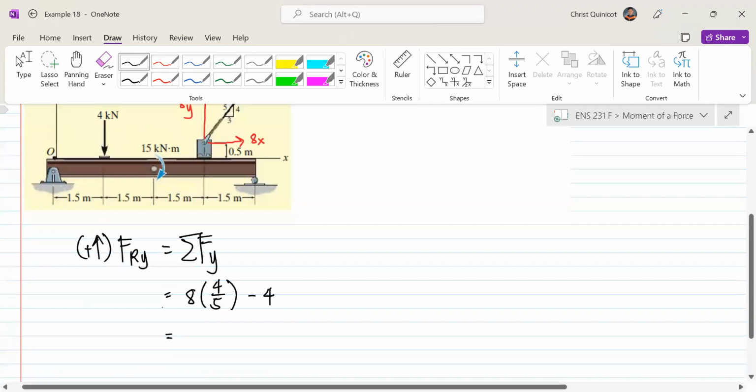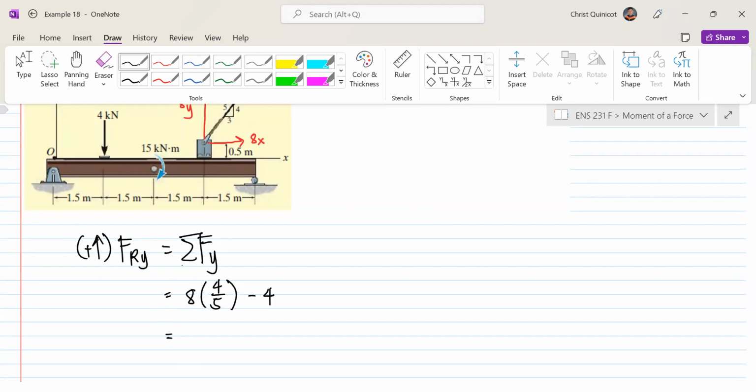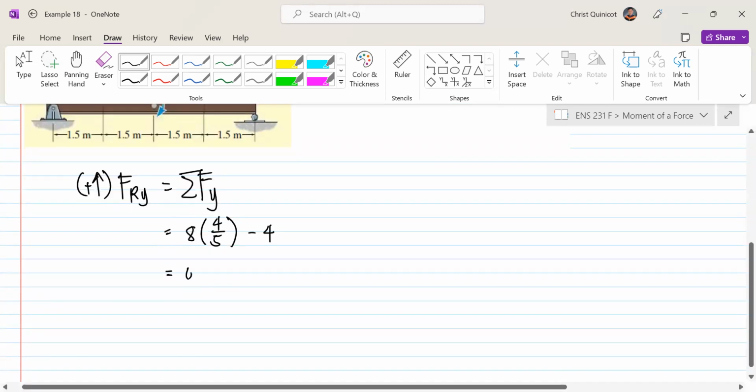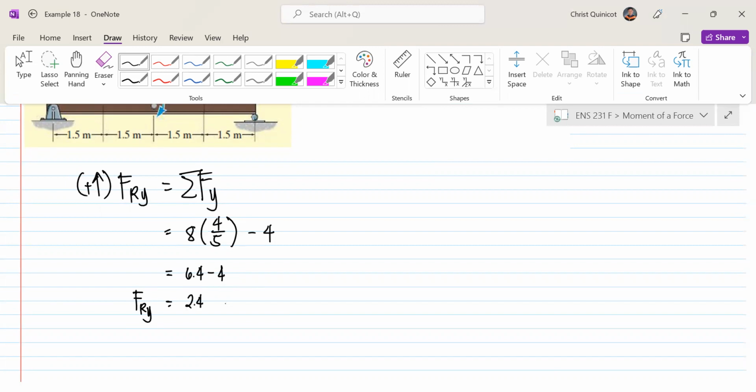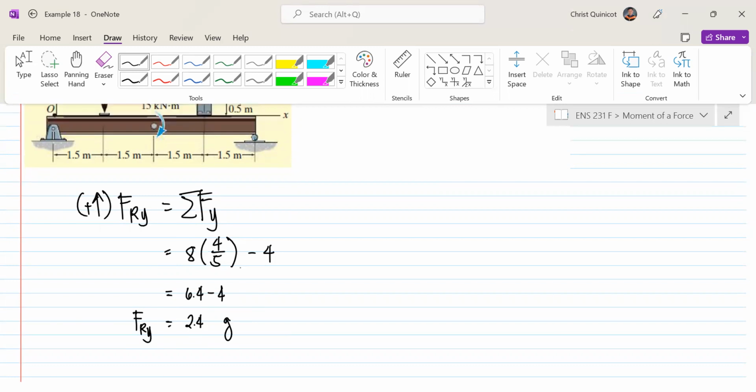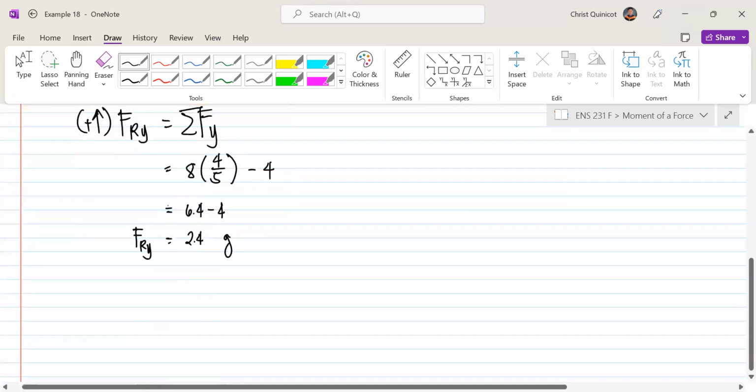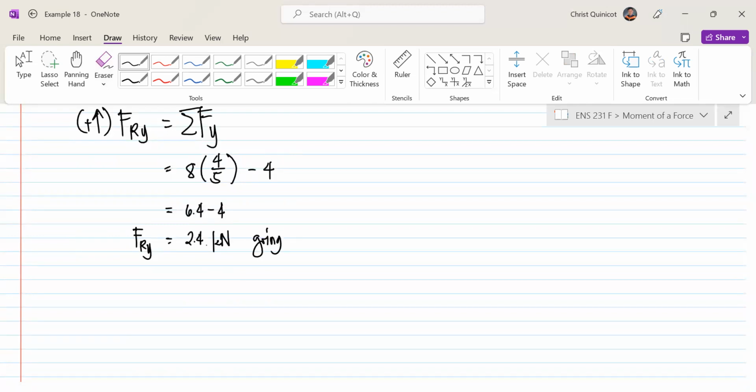So this is 8 times 4 divided by 5, that's 6.4, minus 4. So our F sub Ry is equal to 2.4 kilonewton going up.